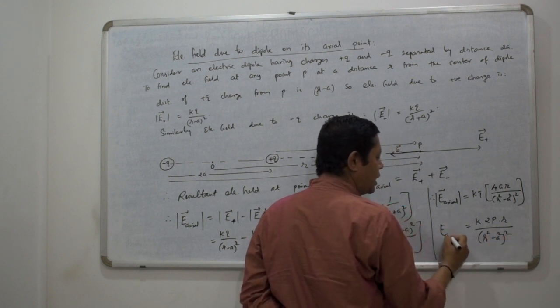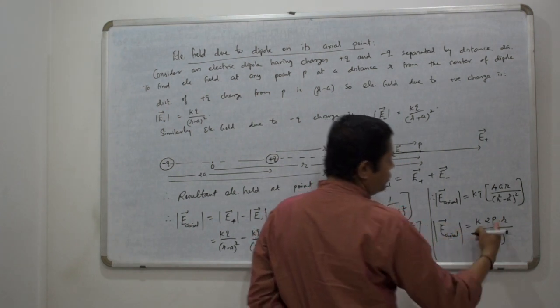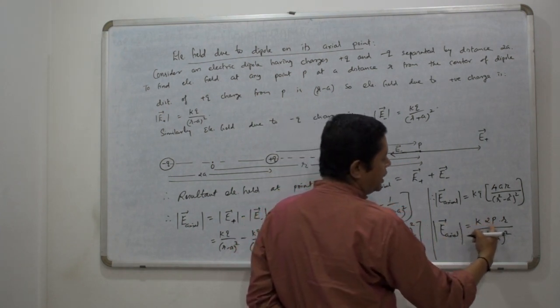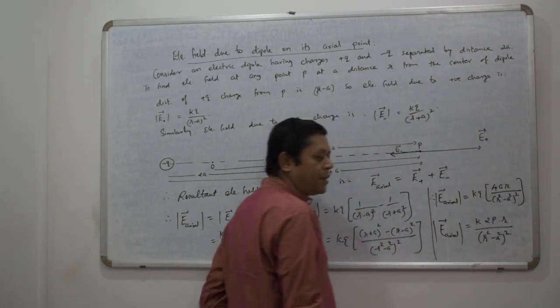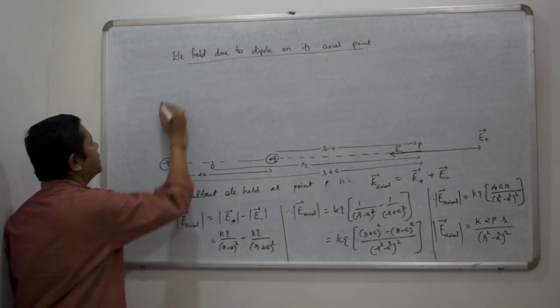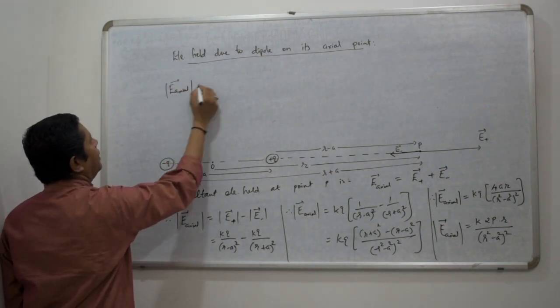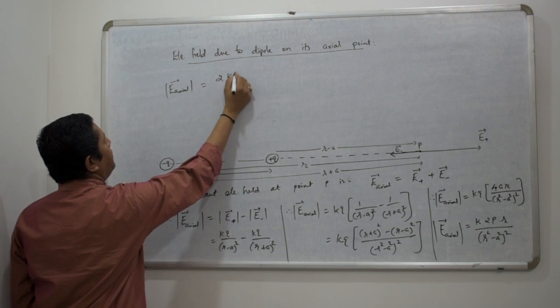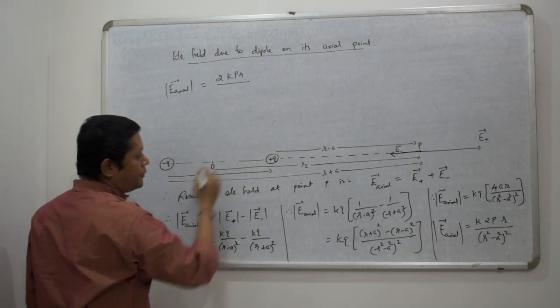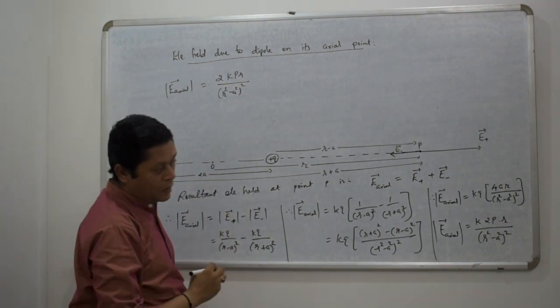So E axial magnitude you can write that is 2 times kpr upon this. Okay. So therefore, this equation you can also write as E axial is equal to 2 kpr upon (r square minus a square) whole square.